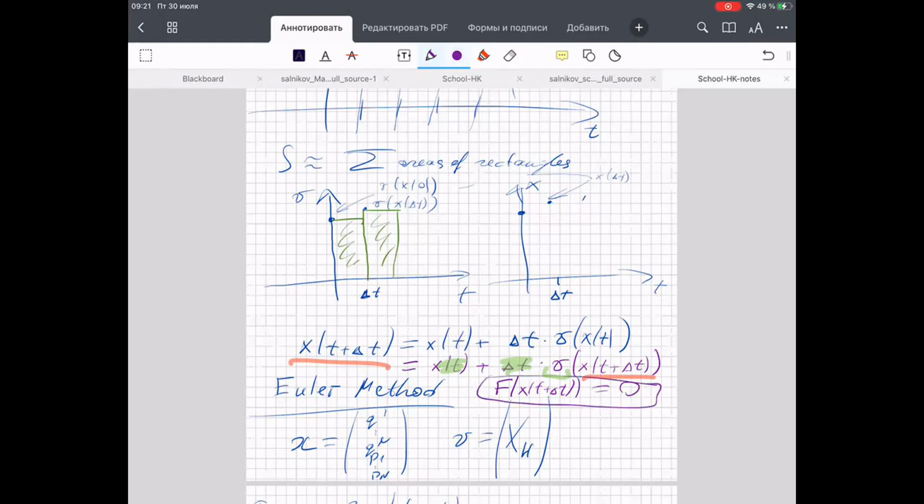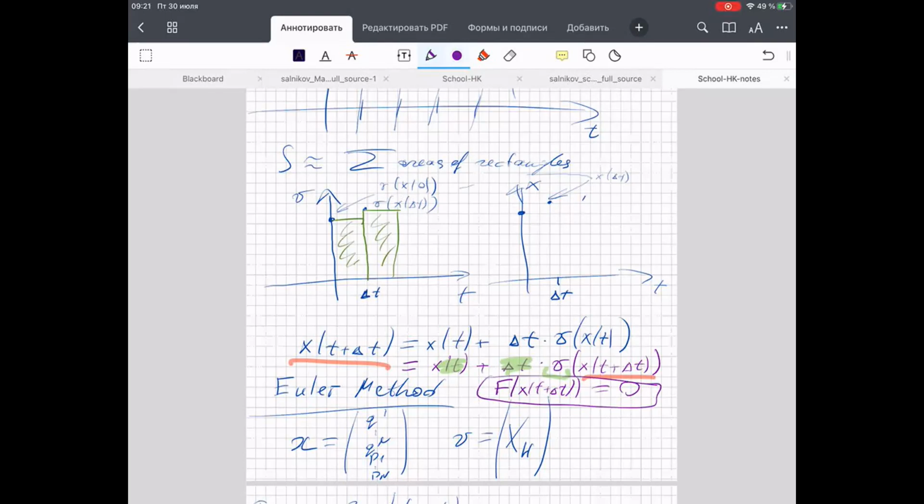And if I'm very lucky, I can solve this equation by hand. Or if I'm not lucky, and this is also a part of the numerical analysis course, I will solve it approximately, but maybe with a better approximation than just saying my x of t plus delta t is x of t.